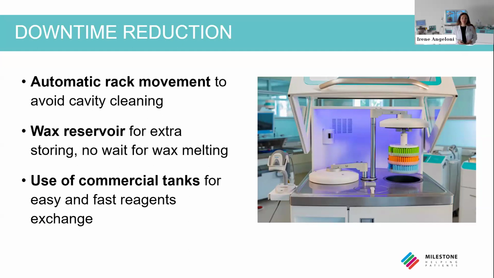Then, with the new tissue processor, Magnus in particular, we have the possibility to have a wax reservoir. The wax reservoir keeps wax already melted, so that when you have to change wax, you don't have to wait for the melting time. This is another kind of downtime. I don't have to wait, but I can immediately start with the run. So I can always immediately start to use the unit.